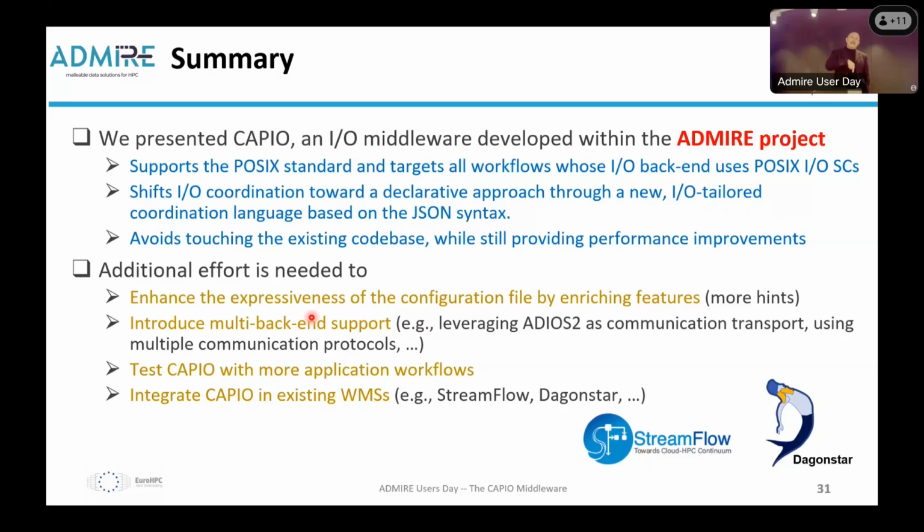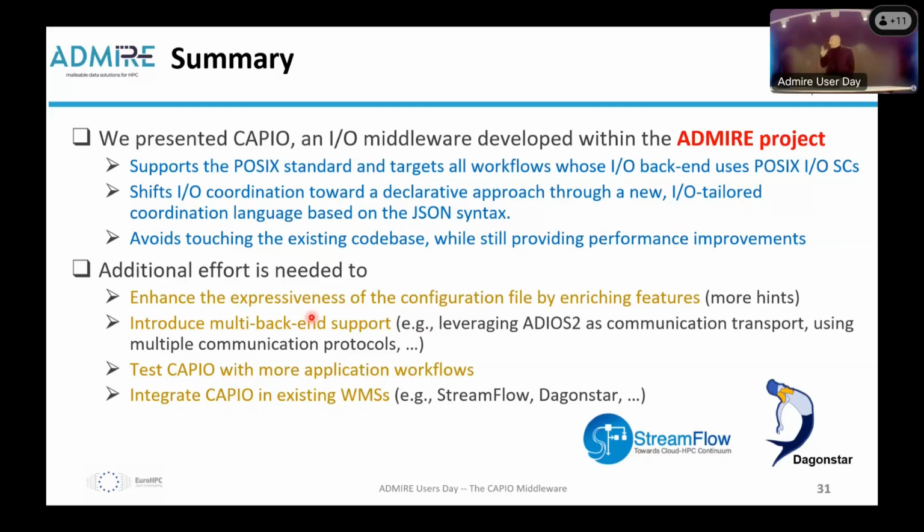So instead of plain MPI, why not use ADIOS in the runtime of CAPIO? For sure, we can also enhance the expressiveness of our configuration file. So the semantics can be enriched, the synchronization semantics can be enriched. Maybe we will discover that something is missing, so we will add the feature.